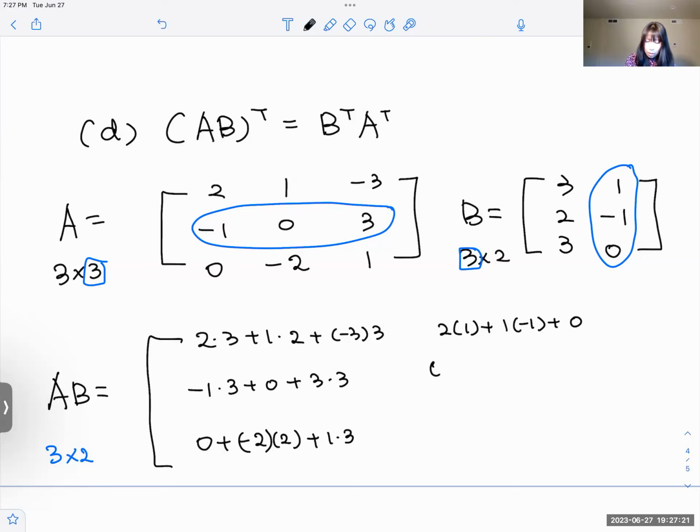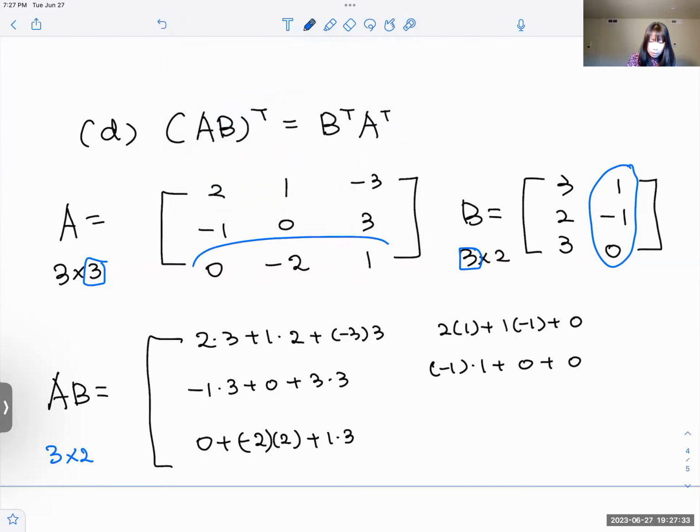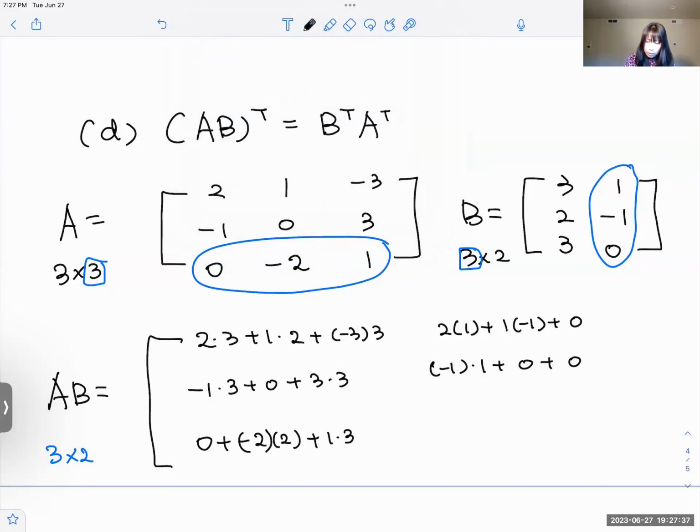So negative 1 times 1 plus 0 plus 0. And the last one: 0 plus negative 2 times negative 1 plus 0.